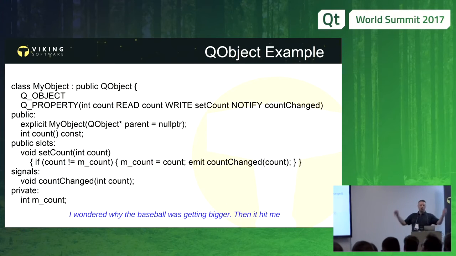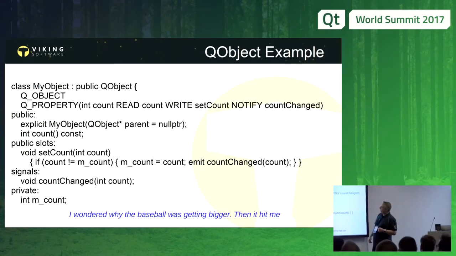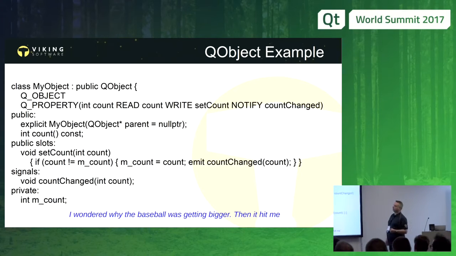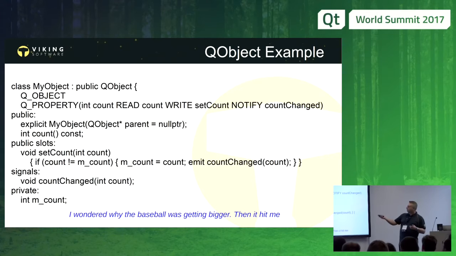So, small QObject example. Brilliantly designed object here. Some object that has a count. So, what do we do with this? What does it say? Well, let's take a look at the definition of these things. Q_OBJECT inserts these methods and objects that you just saw on the last page.